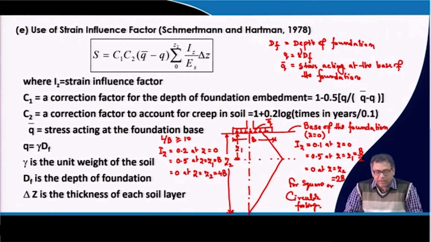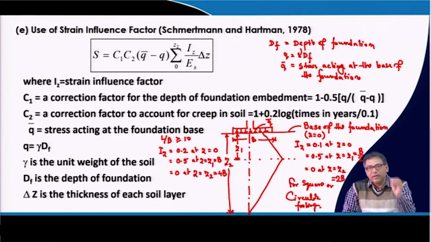In this particular case, for strip footing it is 4B, but for square and circular footing it is twice B. For other problems you consider the influence zone as twice B for the settlement calculation and B for the bearing capacity calculation. This is the general rule that we will follow, but remember that for strip footing the influence zone is more compared to square footing.